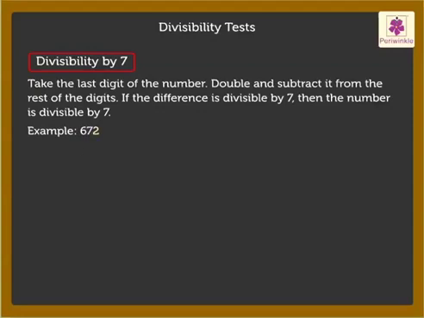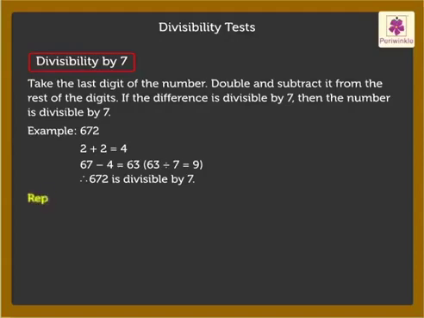That is, 2 plus 2 is equal to 4. Now, subtract 4 from 67. So we get 63. Here, the number 63 is divisible by 7. Thus, we say 672 is divisible by 7.